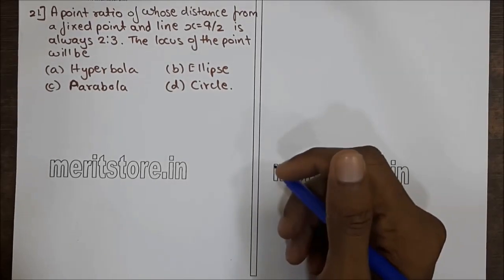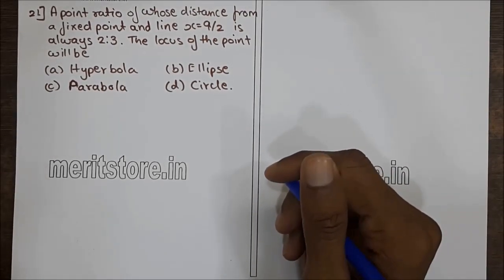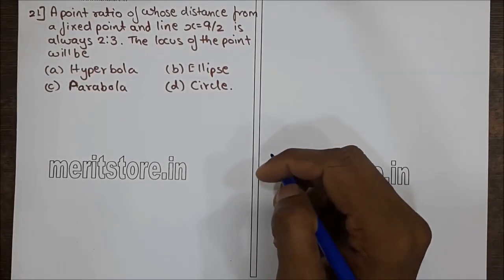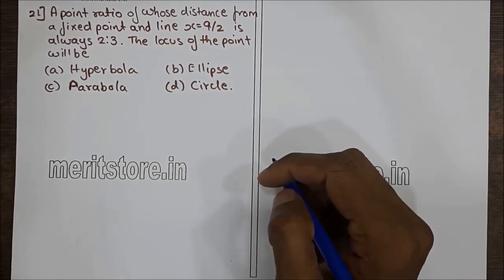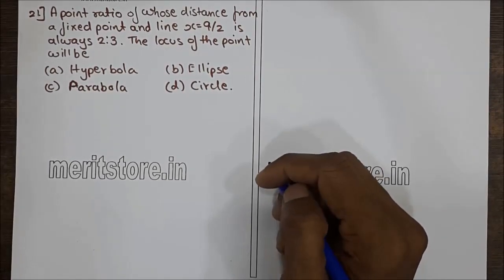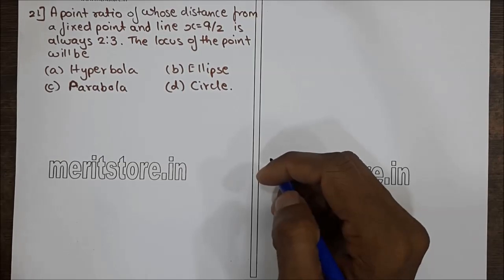Question 21. A point whose ratio of distance from a fixed point and the line x = -9/2 is always 2/3. The locus of the point will be, we have four options: A hyperbola, B ellipse, C parabola, and D circle.